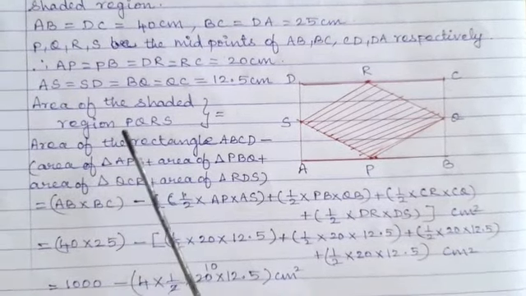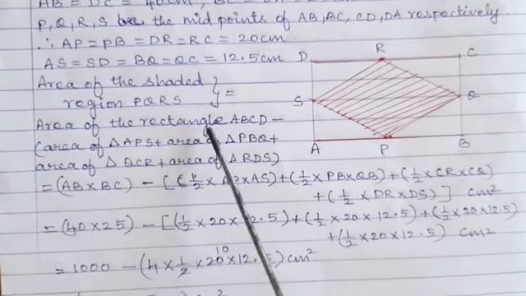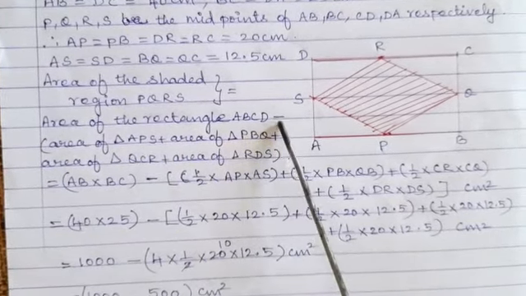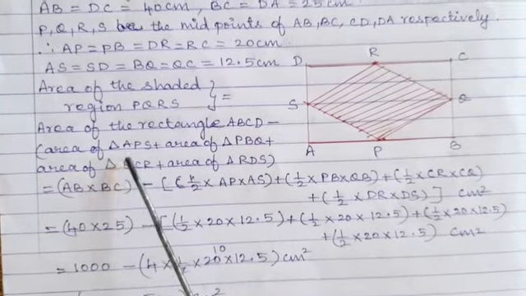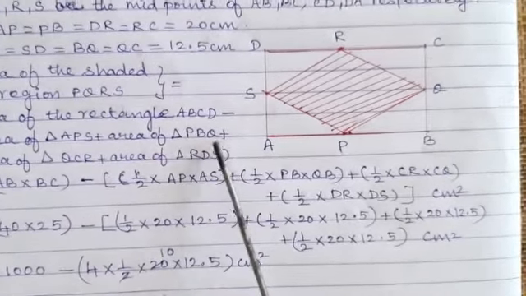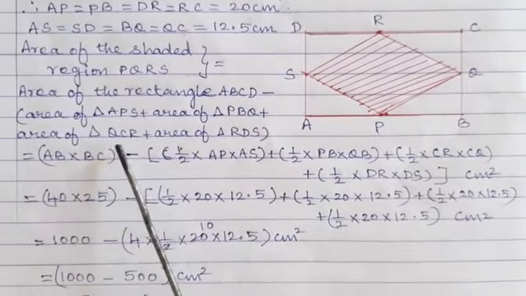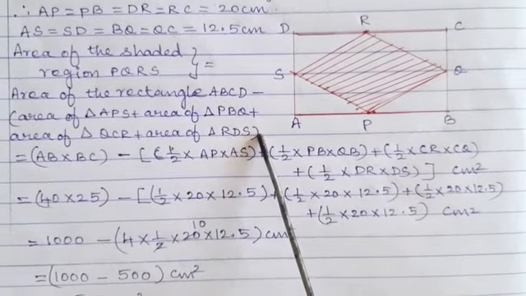Area of the shaded region PQRS is equal to area of the rectangle ABCD minus, in the bracket, area of triangle APS plus area of triangle BPQ plus area of triangle QCR plus area of triangle RDS.